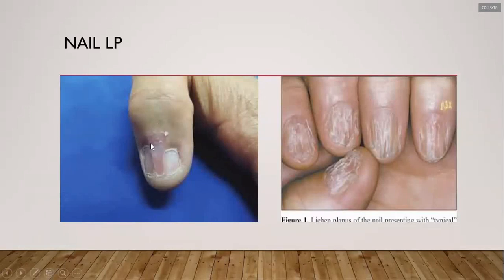Whenever we find a case with oral lichen planus or cutaneous lichen planus, the nails and the other mucosa should always be examined or at least be inquired about. And this is the case of lichen planus in a patient where all the nails are affected, with gradual dystrophy leading to onychodystrophy. So thank you.